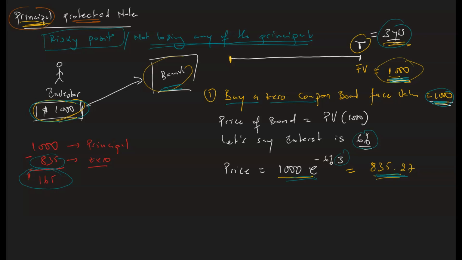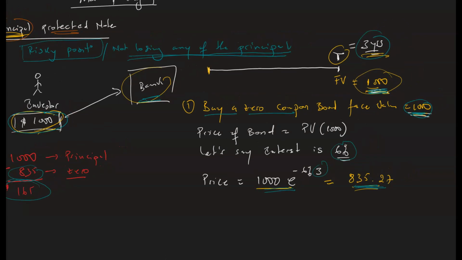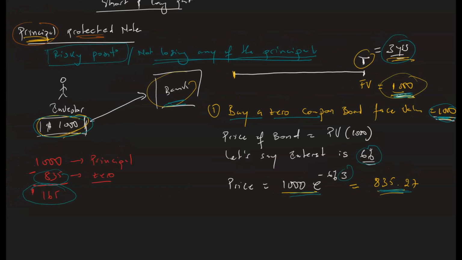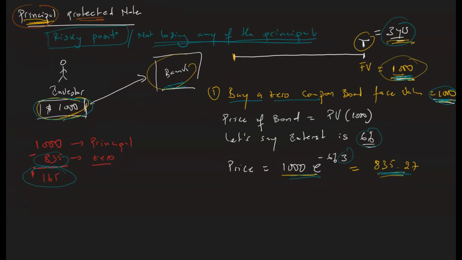Well, let's say the bank is able to find a call option with the strike price equal to $1,000. The idea here is that the contract as a whole is going to be at $1,000, right?